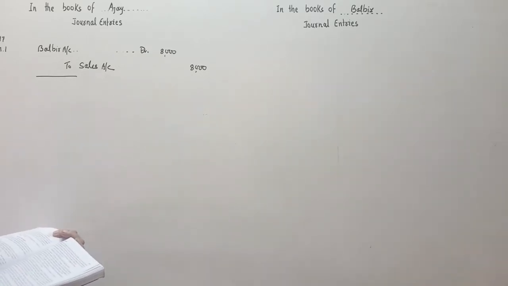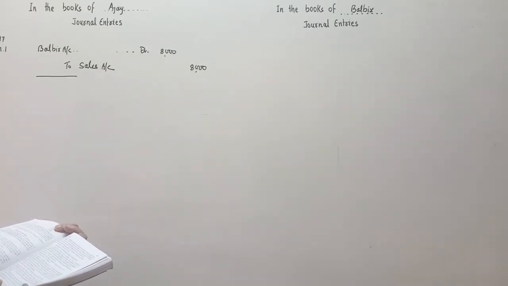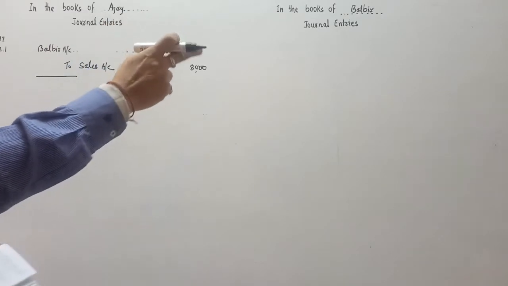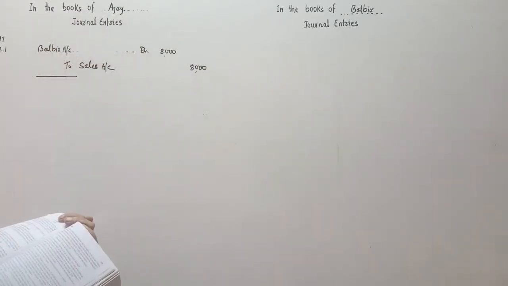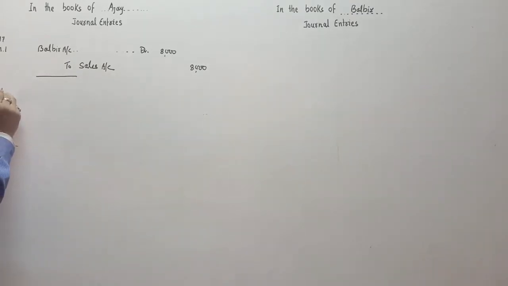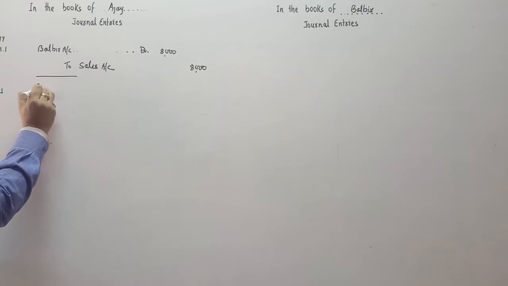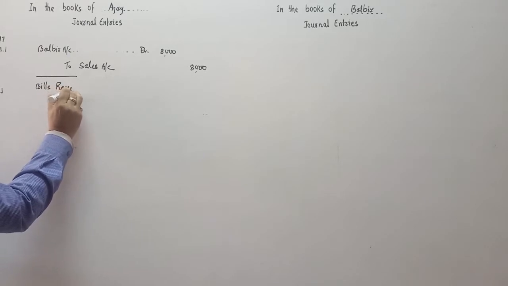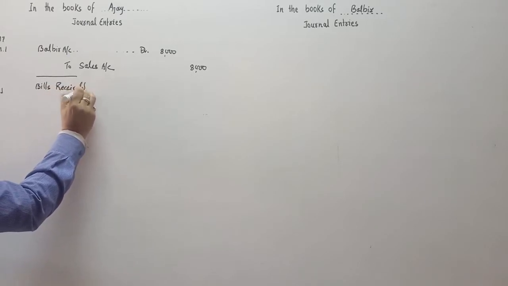Now, on that date, Balbir accepted a bill drawn on him by Ajay. Ajay drew a bill on Balbir, and Balbir accepted the bill for rupees 8,000 payable after 3 months. So on January 1st, bills receivable account debit. When Balbir accepts the bill, it becomes bills receivable.